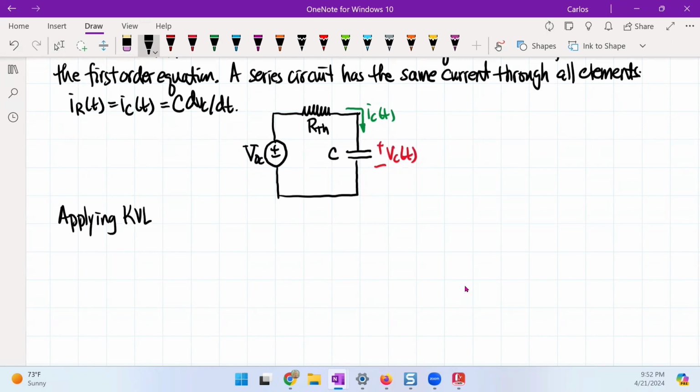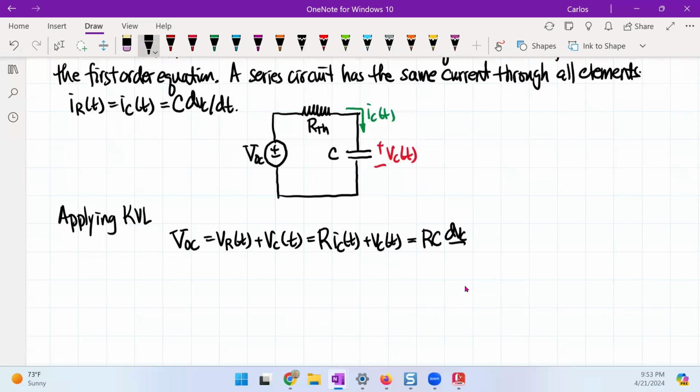Applying KVL, we see that the source voltage has to be equal to the voltage of the resistor plus the voltage of the capacitor. But the voltage of the resistor, according to Ohm's law, is this guy right here. And if we replace it with the capacitor equation, we get RC of dVc/dt plus Vc.